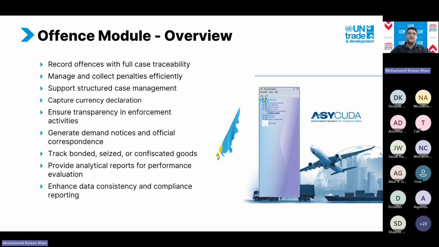If the declaration is not done, but the offense is at the point where the manifest has been submitted, you can link the manifest to this module as well. So it's very easy to trace and track what the offenses and related documents relate to. And finally, it improves data consistency and compliance reporting.